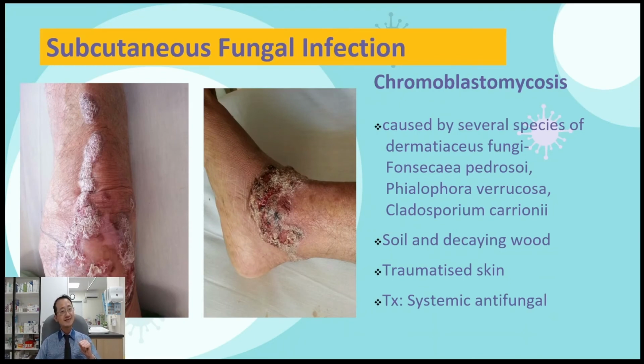One of the common cases, this is not common, but it is not rare. I've seen a few cases. One of it is chromoblastomycosis caused by several species of dematiaceous fungi. Dematiaceous means to say brownish pigment-producing fungi, okay, such as Fonsecaea pedrosoi, Phialophora verrucosa, and Cladosporium carrionii.